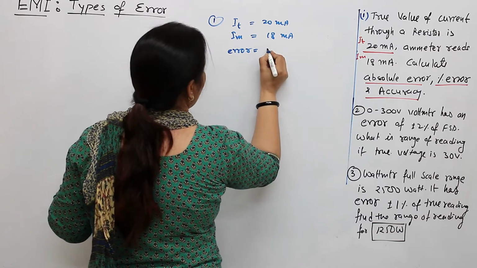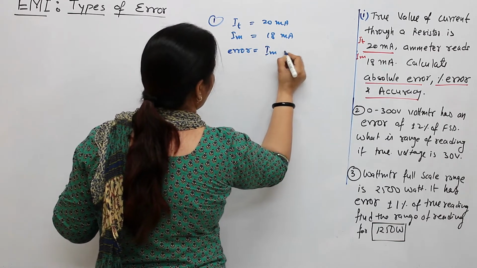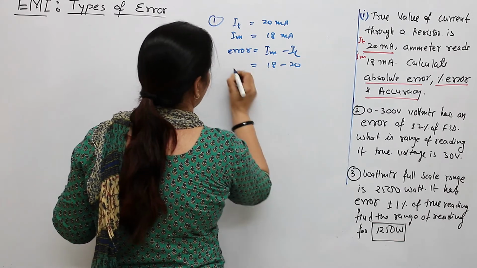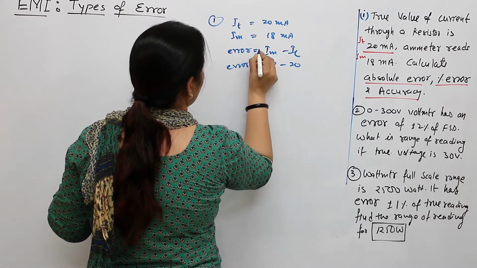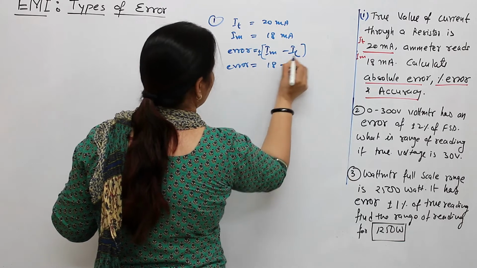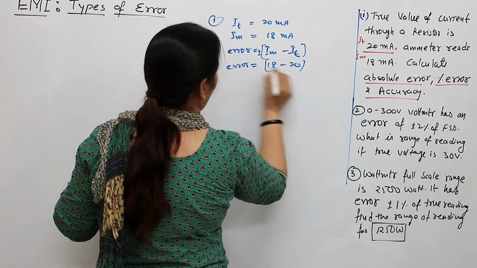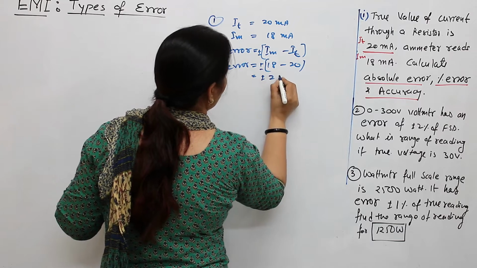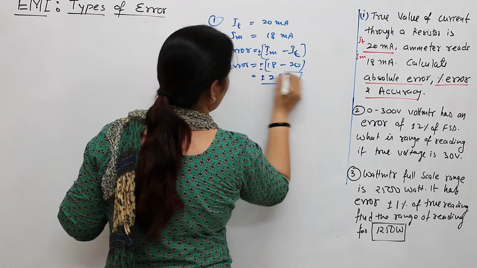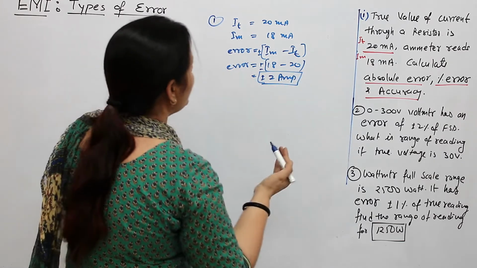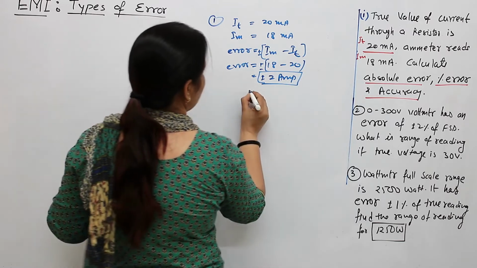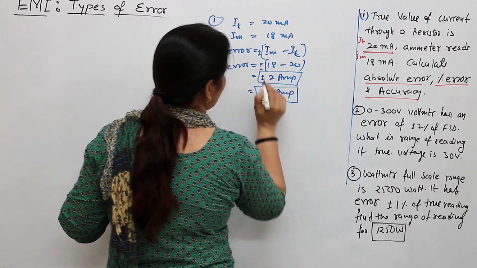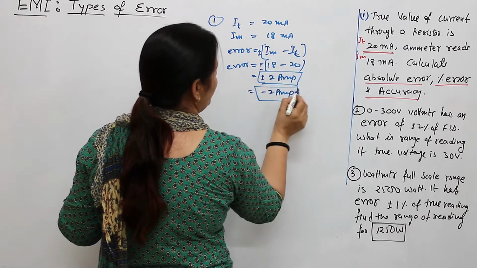In my video I have mentioned IM minus IT, so it will be 18 minus 20, so error is plus minus 2 ampere. This is the absolute error. In this case you are measuring lower, so you can say this is minus 2 ampere, 18 minus 20 will be minus 2.